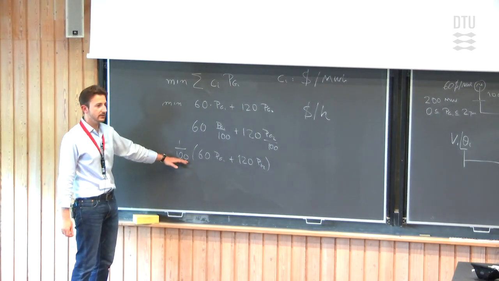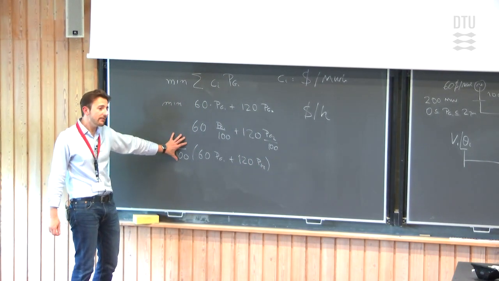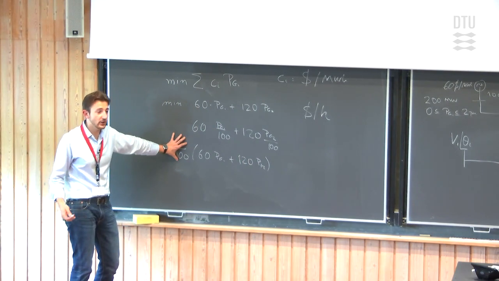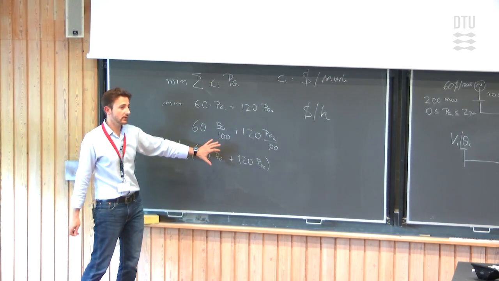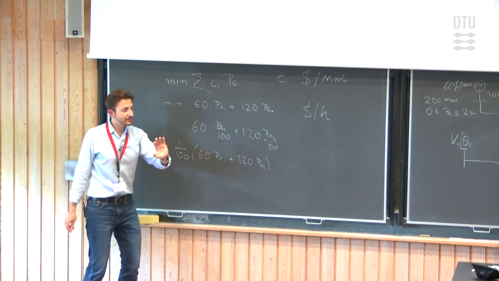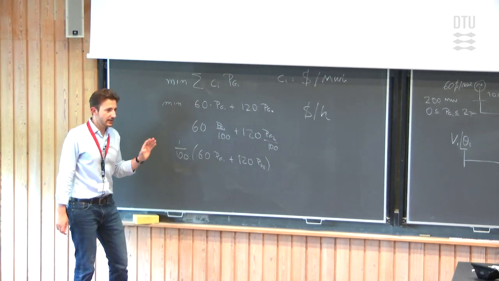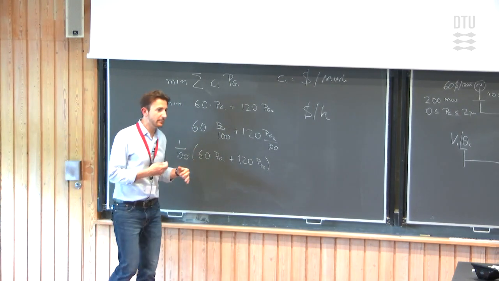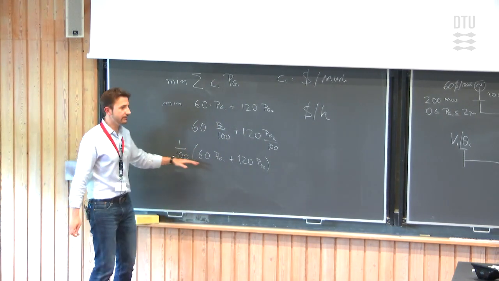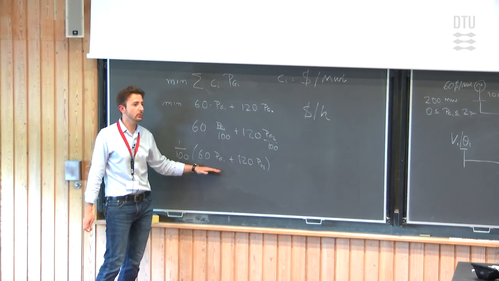It's the same thing, right? So if you want to have that in your optimization, you can have it in your program. It's not going to have an impact on your solution, except for the numerics. So sometimes, because of numerical stability, we want to have objective function values that are close to 1.